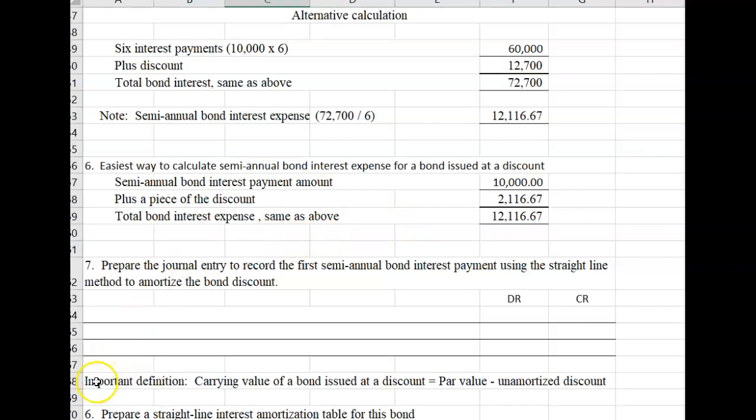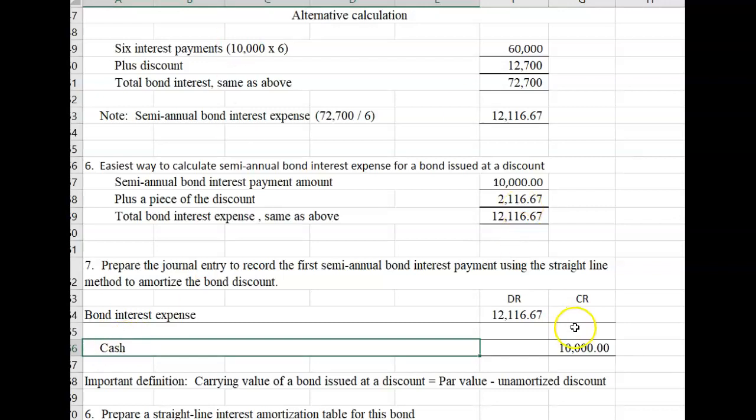So let's write the journal entry. We're going to debit bond interest expense for the calculated amount of $12,116.67, and we're going to credit cash for $10,000 because that's the amount of the bond interest payment.